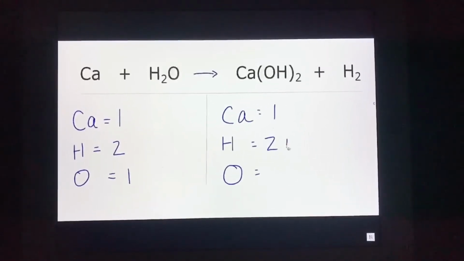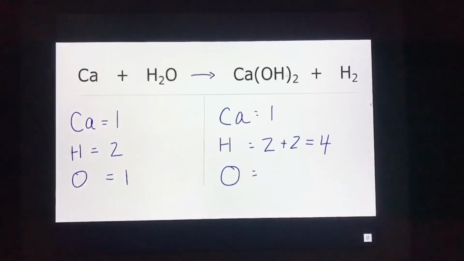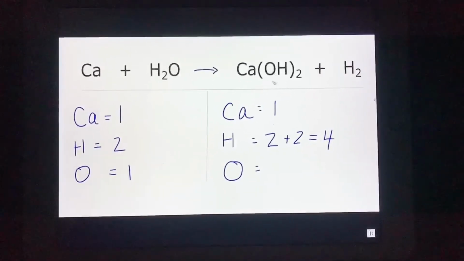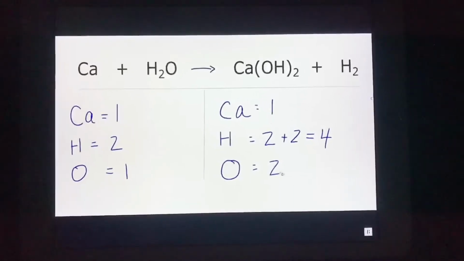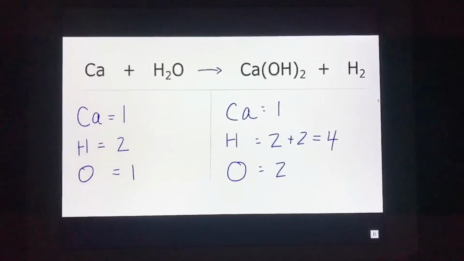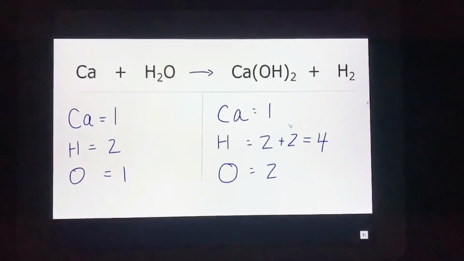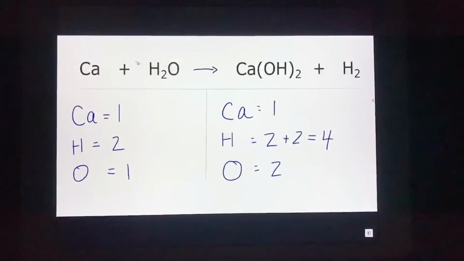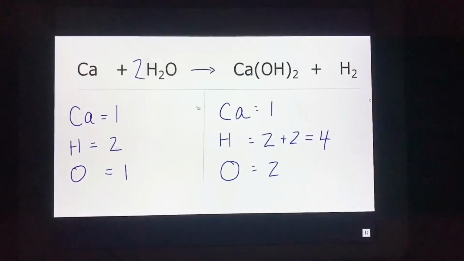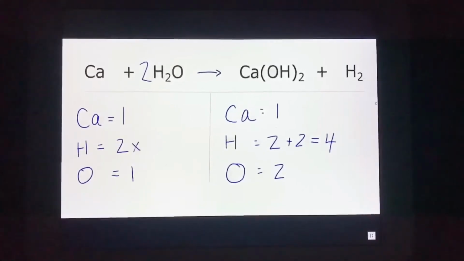When it is in the bracket, that means hydrogen 2 and oxygen 2. After adding 2, we get 4 hydrogen, oxygen 2. But in the reactant we have only 1 oxygen, so we have to balance it. We can put 2 in front of the water so that we get 4 hydrogen now.